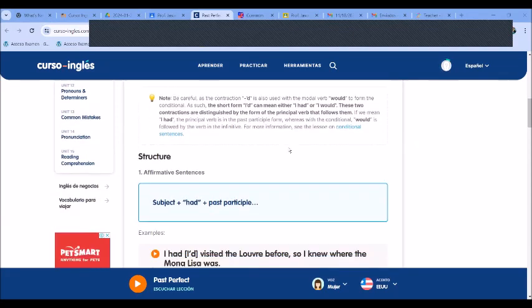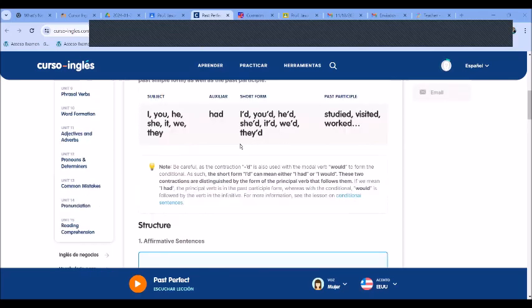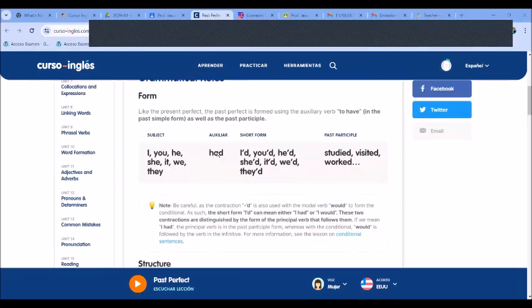All right, now in terms of structure, this is pretty straightforward. If we have to talk about anything from the past perfect, just like all the other perfect forms, we'll use have. Have in the past form and the participle.